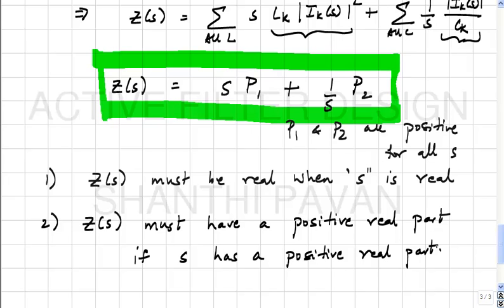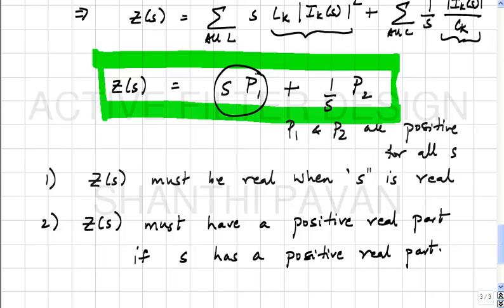See, P1 and P2 are both positive, correct? So, if S is a complex number and its real part is positive, then when you evaluate Z of S, it must turn out to be a complex number, because P1 is real and positive and S is complex. Similarly, P2 by S is also a complex number. If S has a positive real part, the real part of S times P1 is also positive.